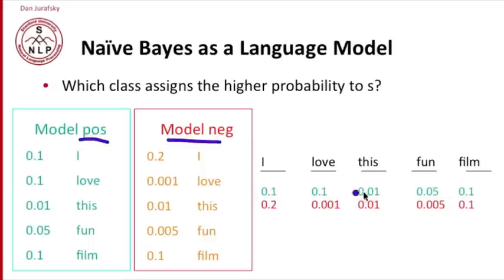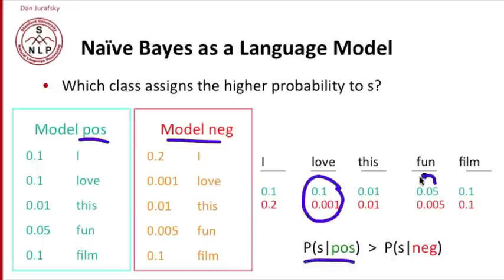Each one assigns a probability for each word. That's the naive Bayes likelihoods. We can multiply them all together, and you can sort of see from inspection that the positive probabilities multiplied together are going to be, mainly because of this one and this one, much higher than the negative probabilities.